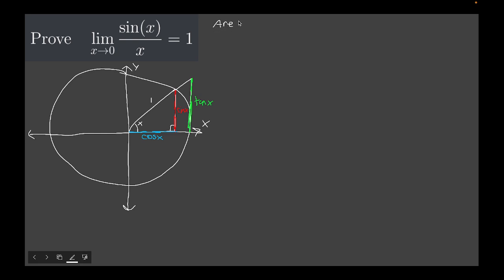So the area of the small triangle, which is just this one, is less than or equal to the area of the sector, which is less than or equal to the area of the big triangle.